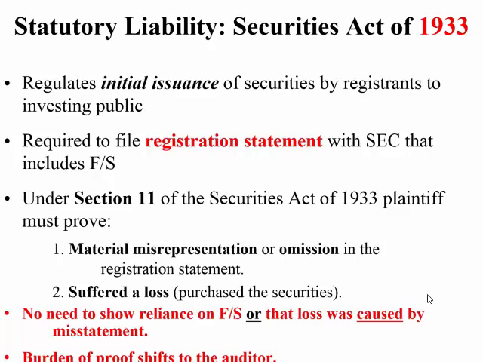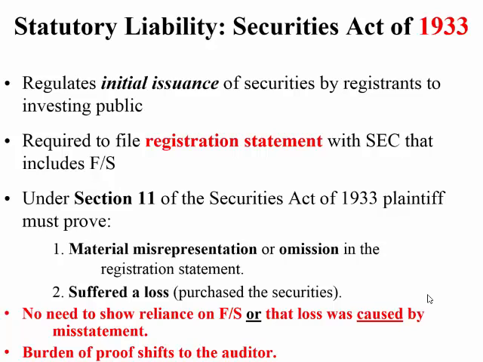So, because of this, the burden of proof shifts from the plaintiff to the defendant in this case, which is the auditor. And this is unique as it relates to American jurisprudence. In general, and overwhelmingly, the party that's bringing suit has to prove that you've done something wrong.